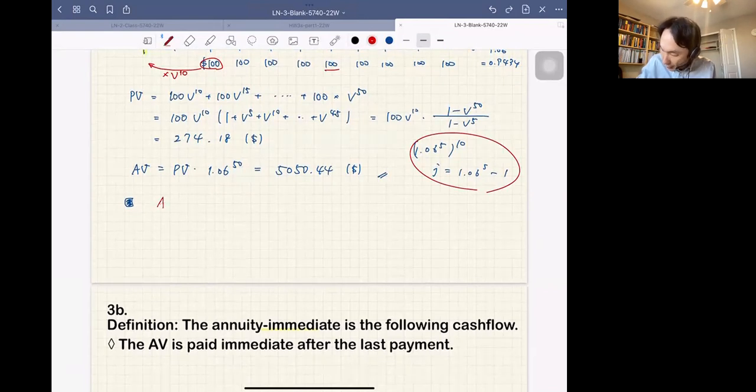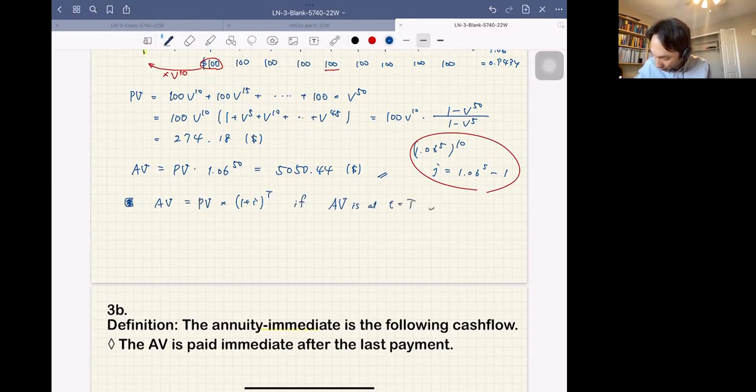So always the accumulated value is equal to the present value times (1 plus i) to the power capital T, if AV is evaluated at t equal to capital T and PV is evaluated at t equal to 0.